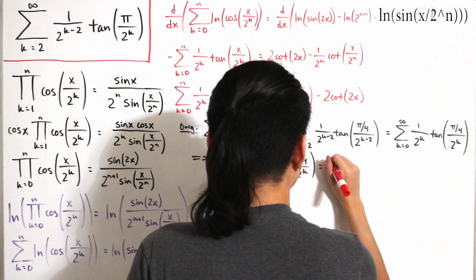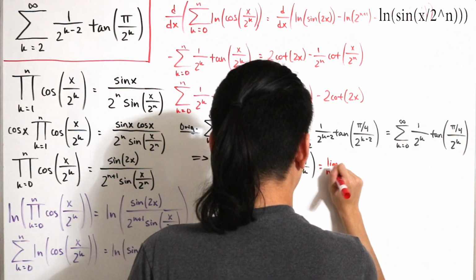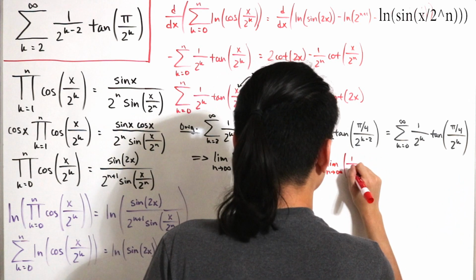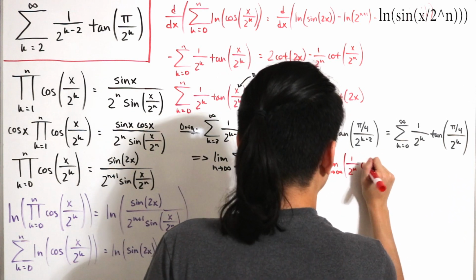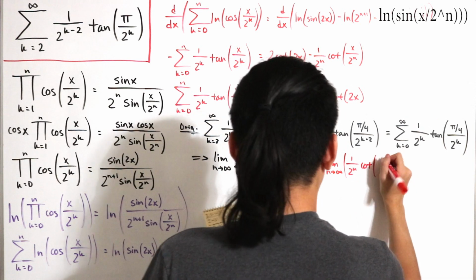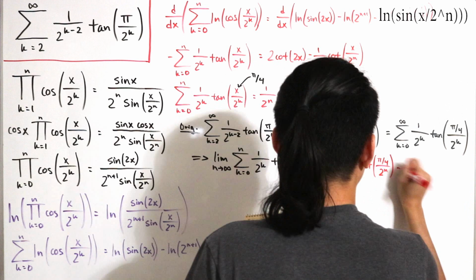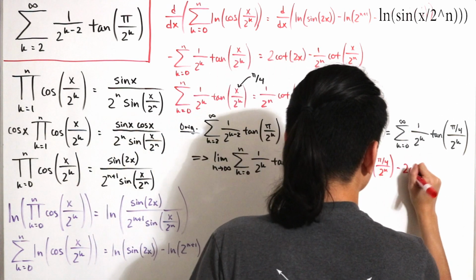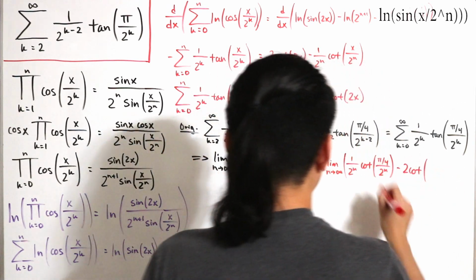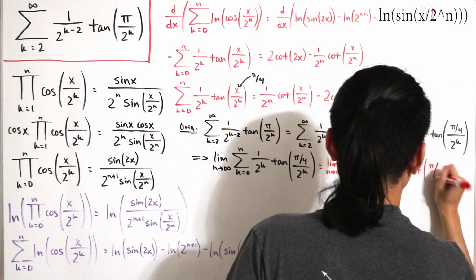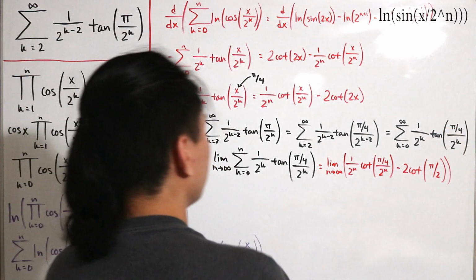So really, the limit as n approaches infinity of 1 divided by 2 to the power n, cotangent of pi over 4 divided by 2 to the power n, then subtract 2 times cotangent of 2 times pi over 4, so that's pi over 2.